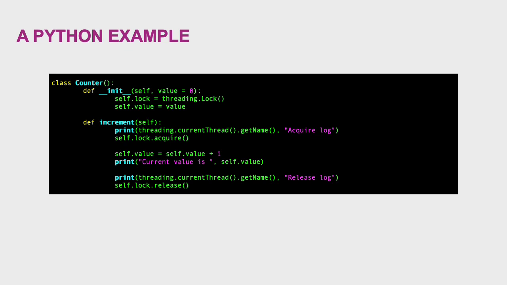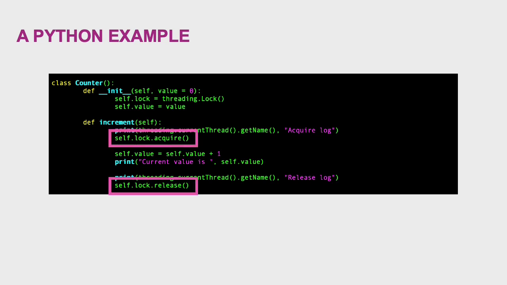And we define a couple of attributes: a lock, and a resource value. The resource is the actual resource the threads are competing to acquire. So we need to protect it.